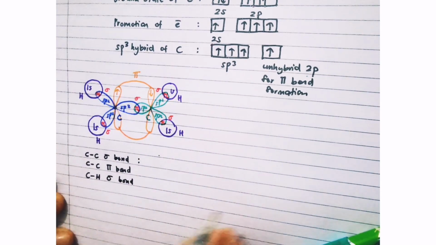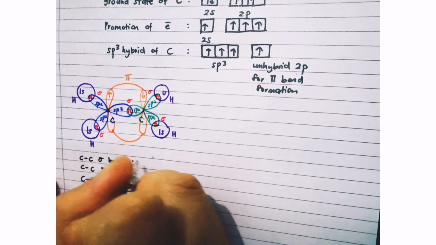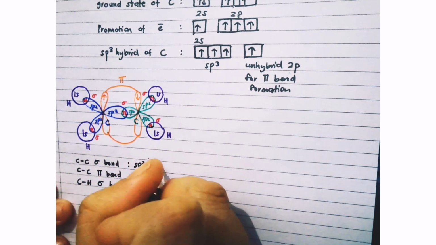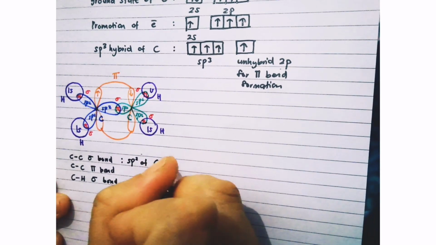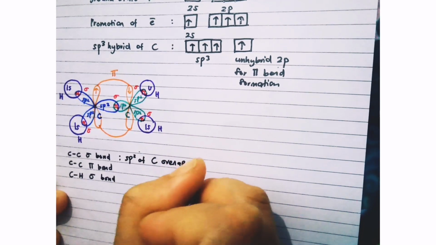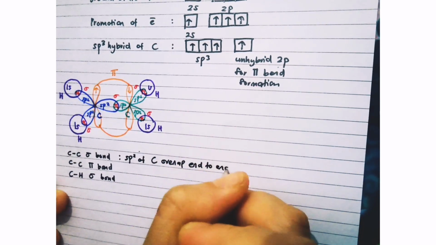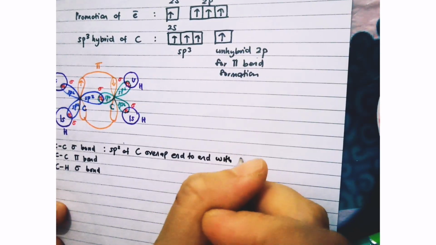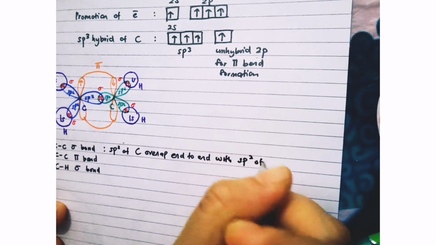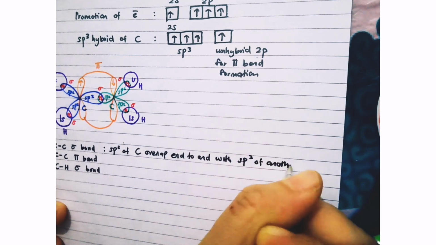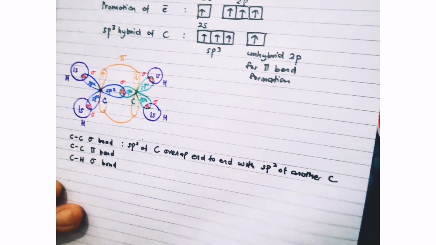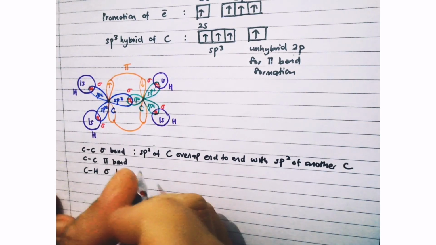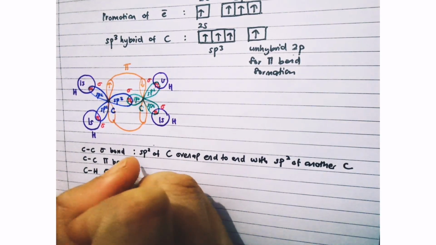Now you need to explain how the CC sigma bond forms: when sp2 of carbon overlaps end to end with sp2 of another carbon.